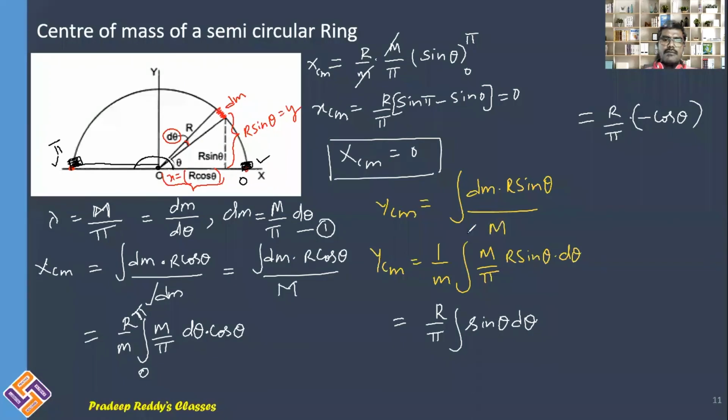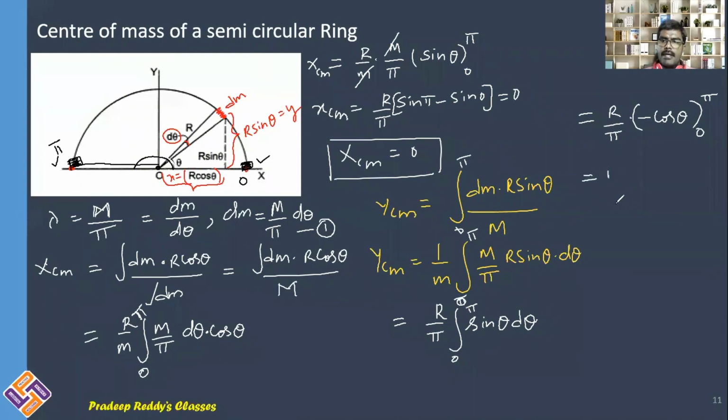Let me check it. So I'm sorry students, when we are taking limits, theta value should be 0 to pi itself. The limits will not change, 0 to pi, and here also it is 0 to pi, and this is 0 to pi.